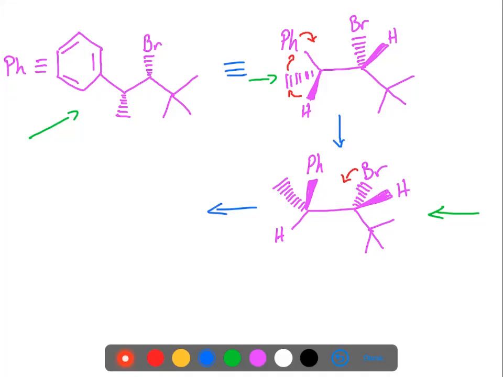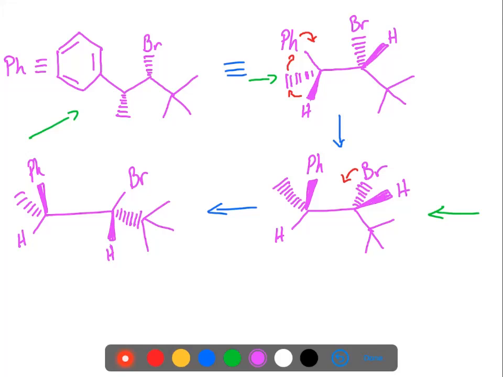All right, so let's look at our structure now. We have our phenyl ring, our methyl group, our hydrogen in the plane. Now we'll have our bromine atom in the plane, a hydrogen coming out towards us, and in back we'll have this t-butyl group. All right.